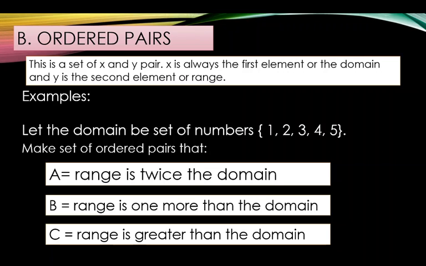Example, let the domain be the set of numbers 1, 2, 3, 4, and 5. We are going to make the sets of ordered pairs wherein in set A, the range is twice the domain. In set B, the range is 1 more than the domain. And in set C, the range is greater than the domain.